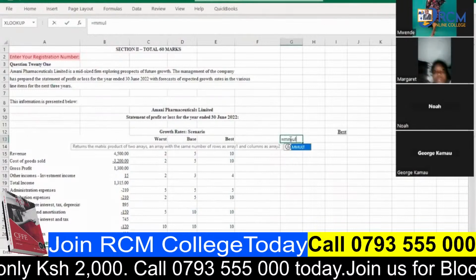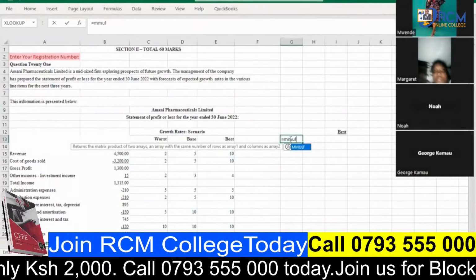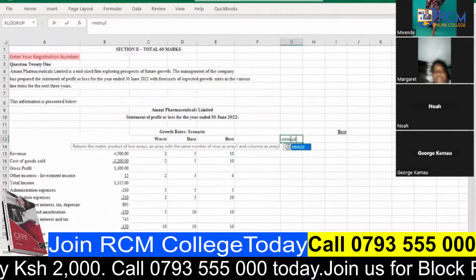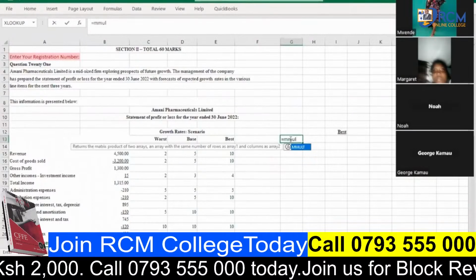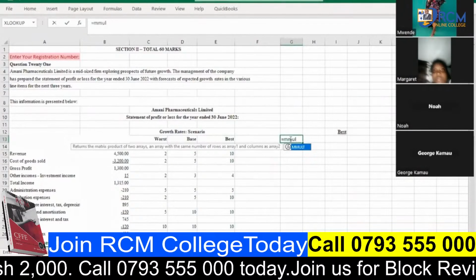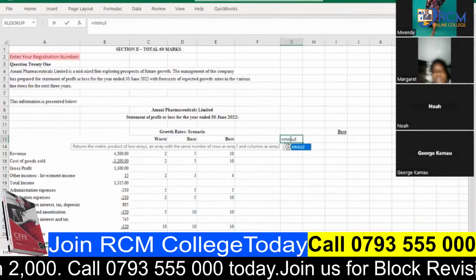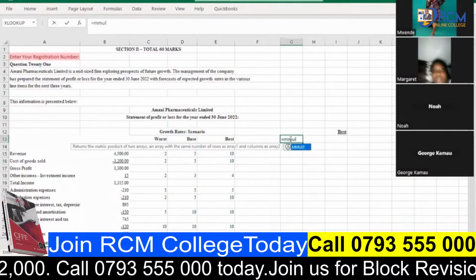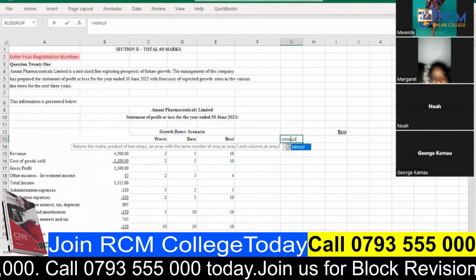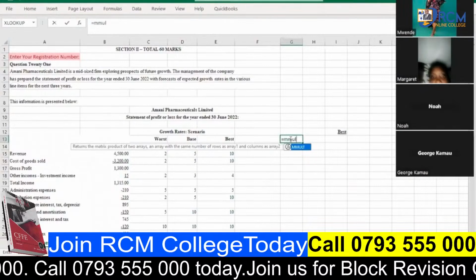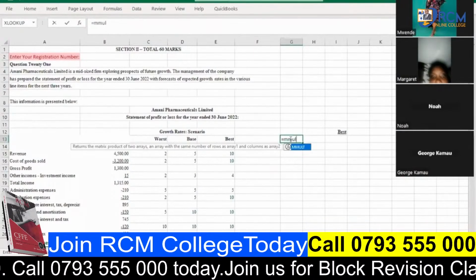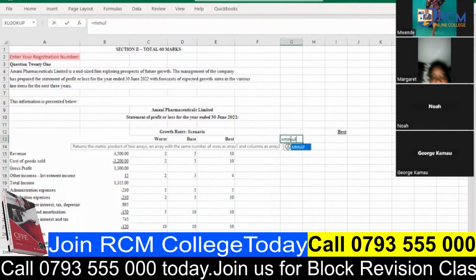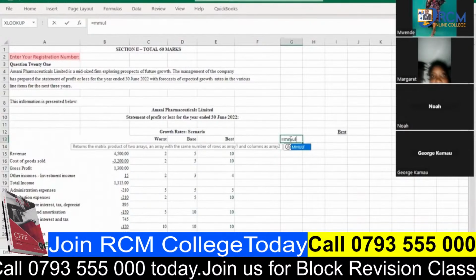That is the matrix multiple. Then it says returns the matrix product of 2 arrays, an array with the same number of rows as array 1 and columns as array 2. So that is, matrix multiple is an array function.